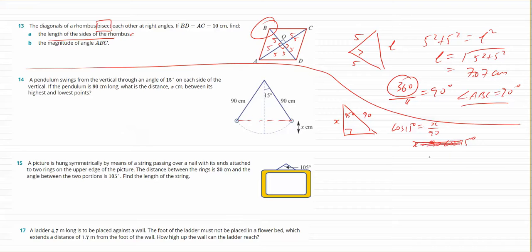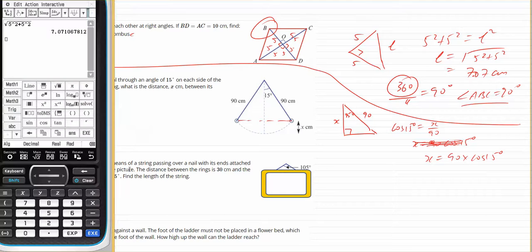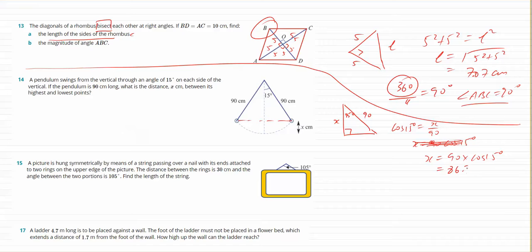Let's work that on a calculator. 90 cos of 15 degrees, making sure we're in degree mode, gives 86.933 centimeters.